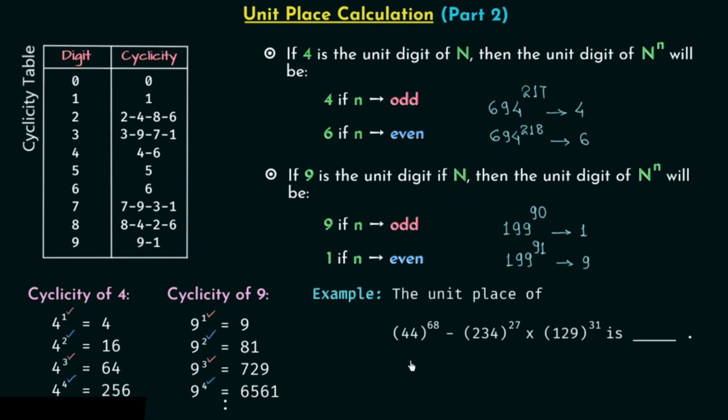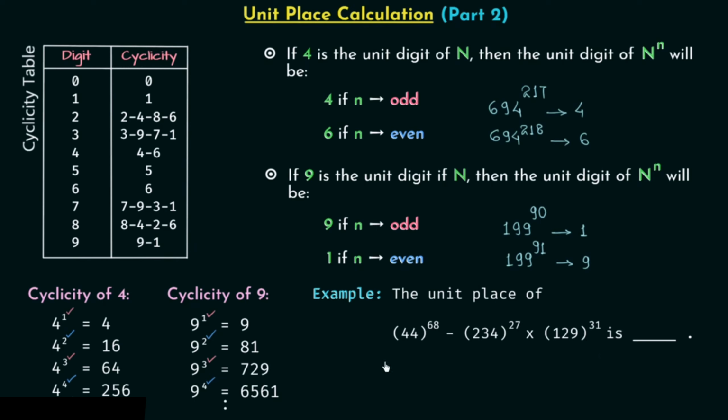In this example, we are required to find out the unit place of 44 raised to power 68 minus 234 raised to power 27 multiplied with 129 raised to power 31. And like we did in the previous lecture, we are going to find out the digit at unit place for the three powers we have independently.